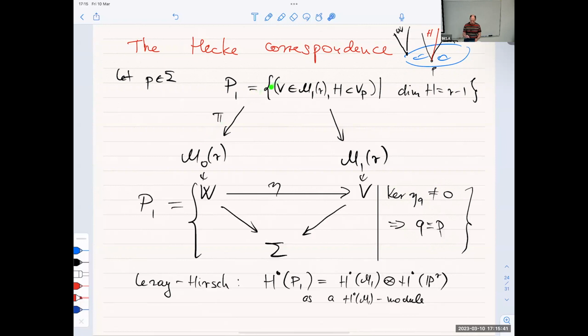And the statement is that this way you obtain a dominant map. And here the fibers of this map are just P^(R-1). This is all kind of obvious, because for the vector space V_P, I choose the hyperplane, that's P^(R-1).